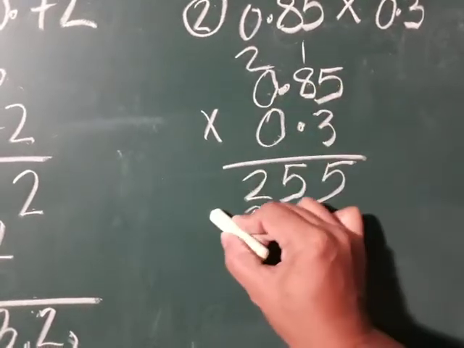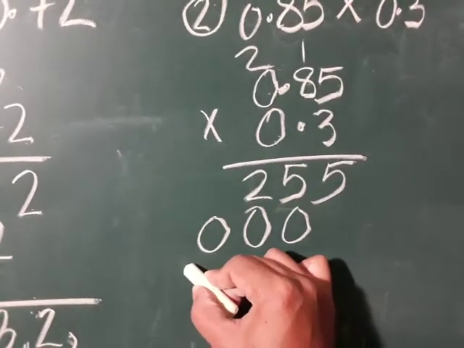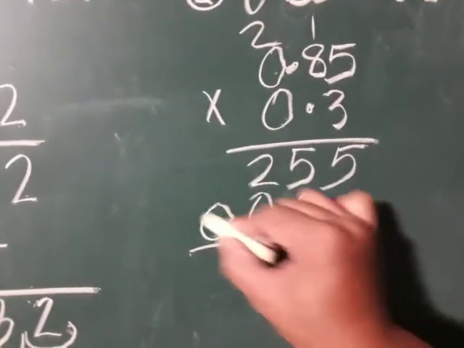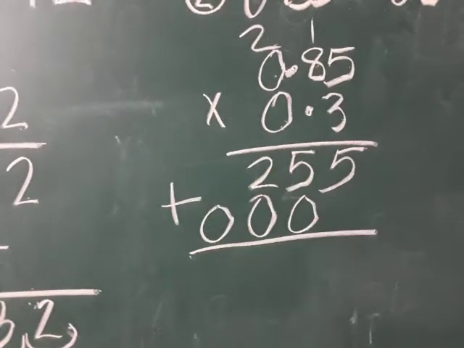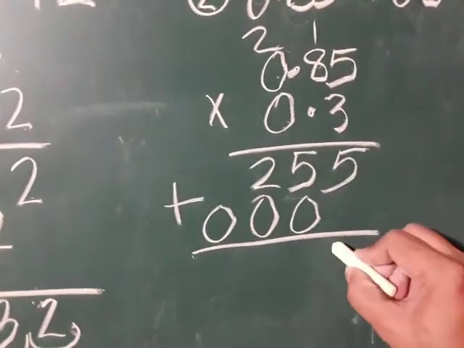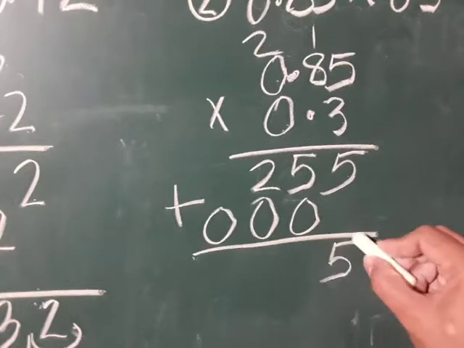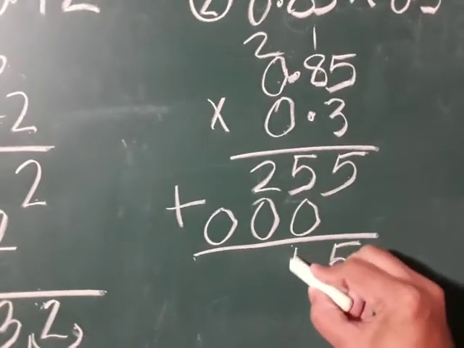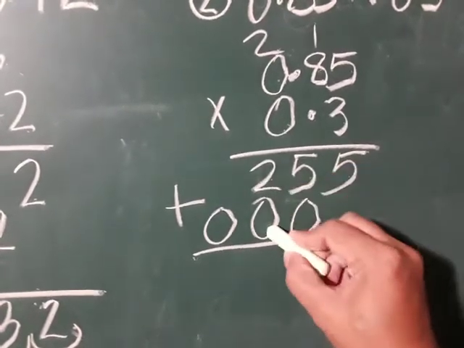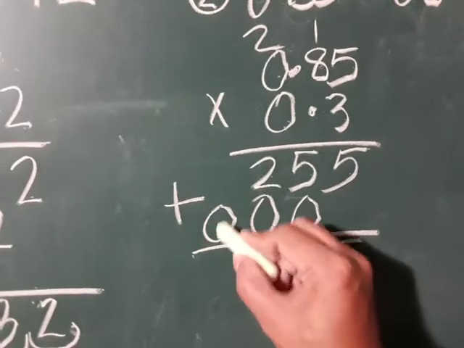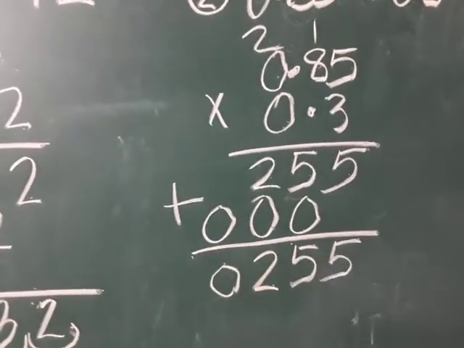And 0 times 0 is 0. Now, next, we're going to add. So, bring down 5. Next, 5 plus 0, 5. 2 plus 0, 2. And bring down 0.